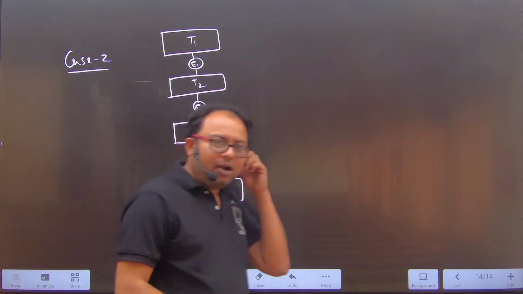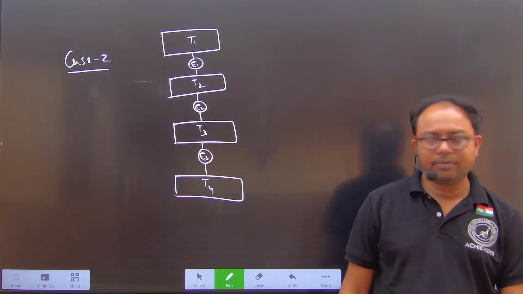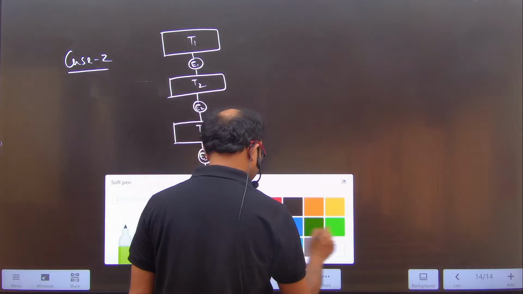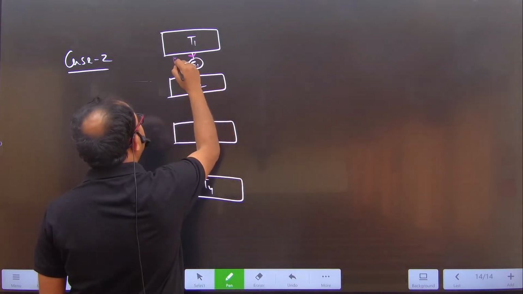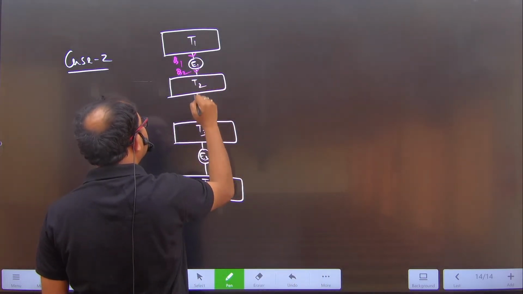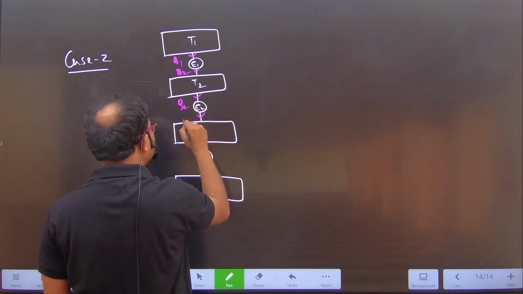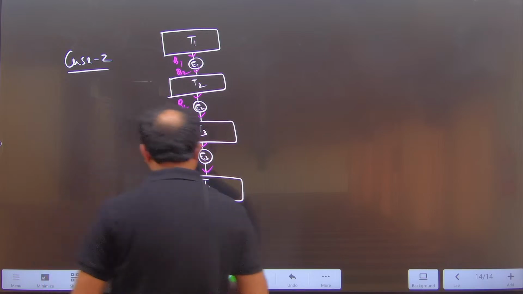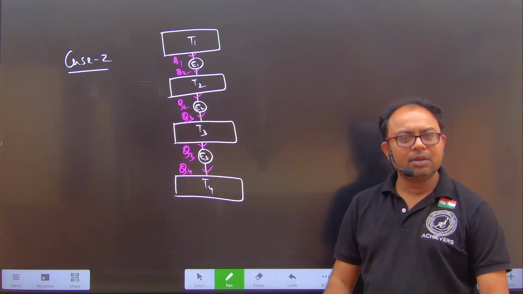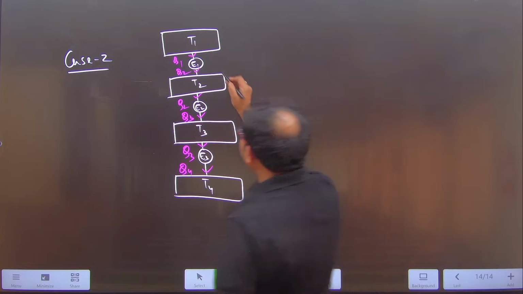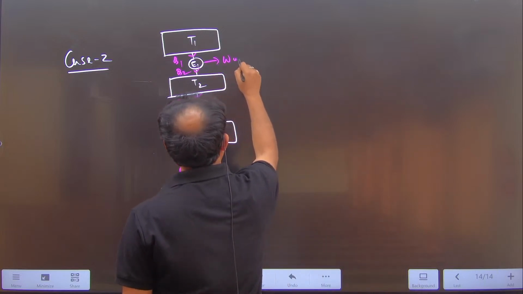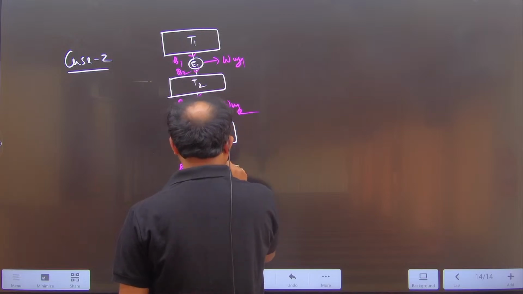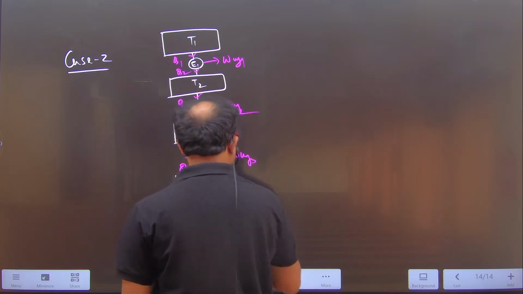So here you have got three Carnot engines. Q1, Q2, this is Q2, this is Q3, this is Q3, this is Q4. No accumulation. Same. This is W cyclic 1, this is W cyclic 2, this is W cyclic 3.